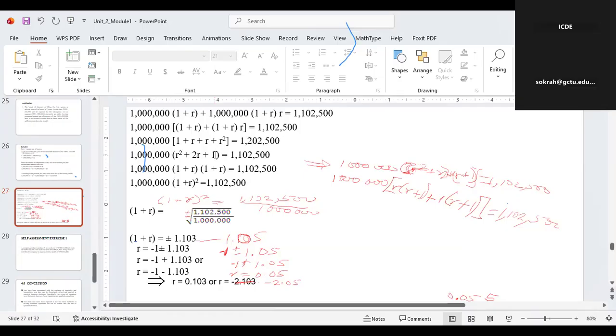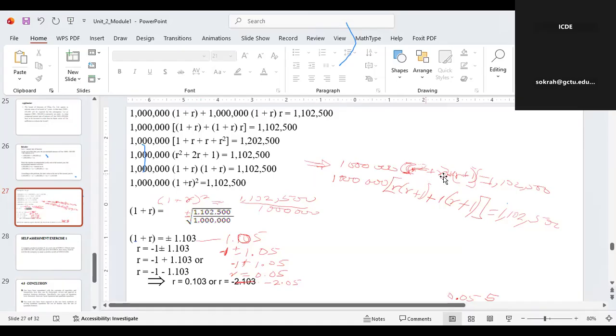I look for two numbers that I multiply, they give me 1, and I add the same two numbers, they give me 2. You said the numbers are 1 and 1. So we attach r to them and take out 2r and replace it with those numbers.